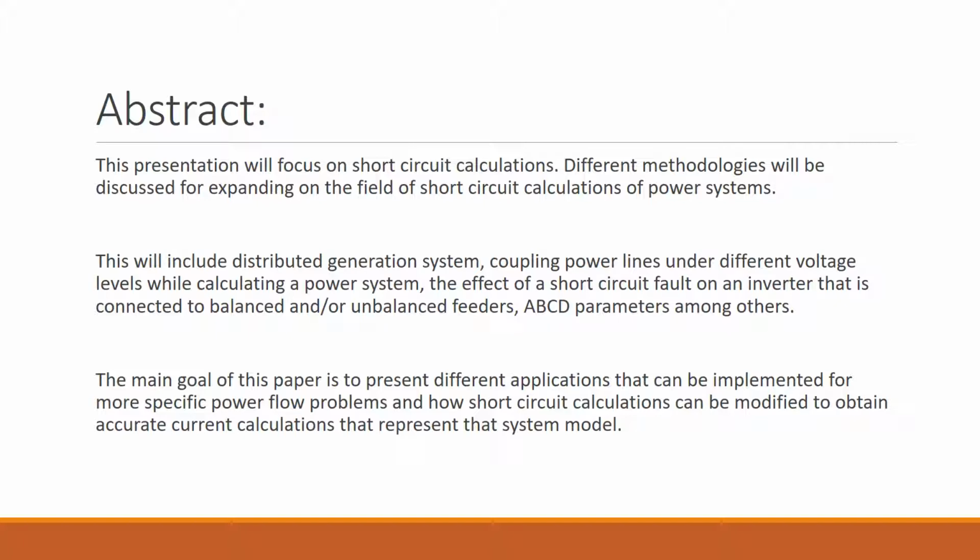The effect of a short circuit fault on an inverter that is connected to a balanced or unbalanced feeders, ABCD parameters, among others. The main goal of this paper is to present different applications that can be implemented for more specific power flow problems and how short circuit calculations can be modified to obtain accurate current calculations that represent that system model specifically.